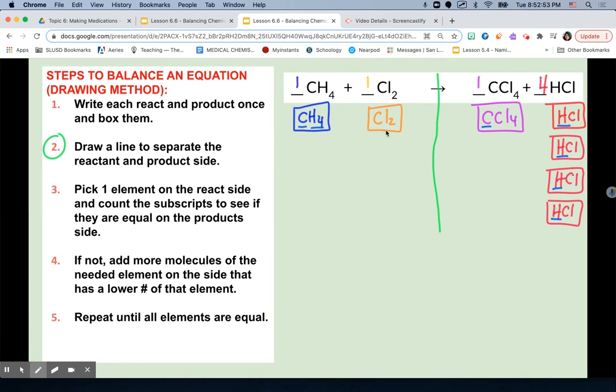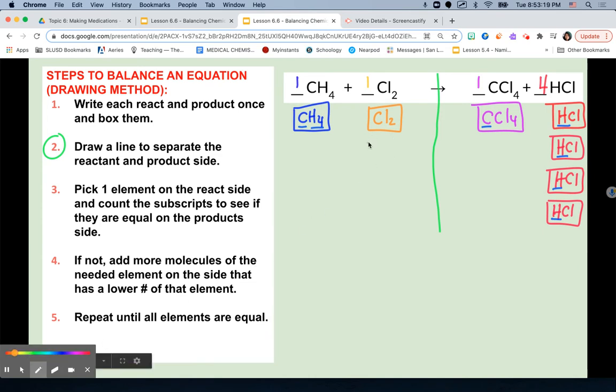So now let's check my Cl's. On my reactant side, before the arrow, I have 2 Cl's, written in this orange subscript 2 here. If I count how many I have on this side, I have 4, 5, 6, 7, 8 Cl's. So 2 here, a total of 8 after the arrow.